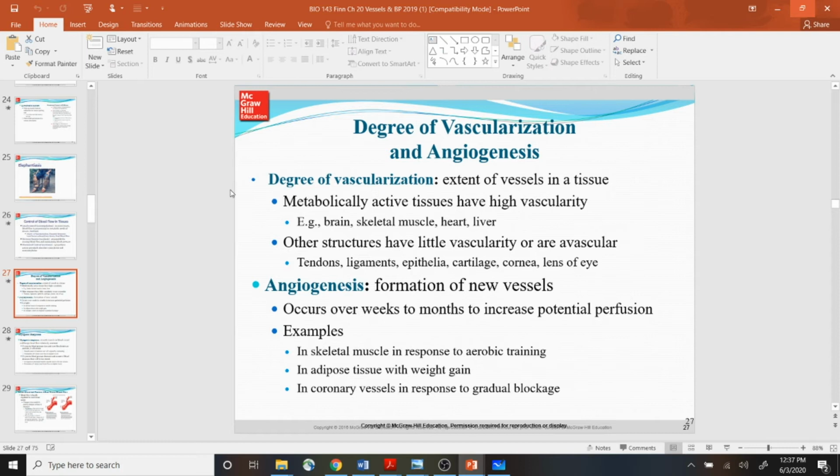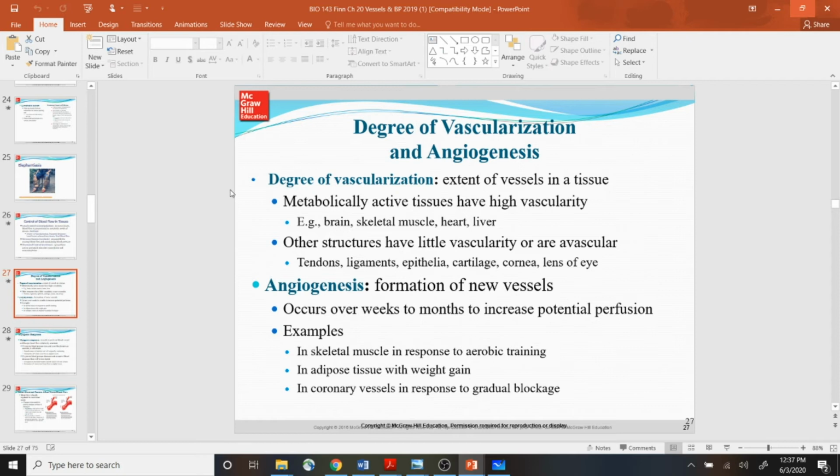Now, the second way we can auto-regulate or control local blood flow in tissues, well, let me say this.